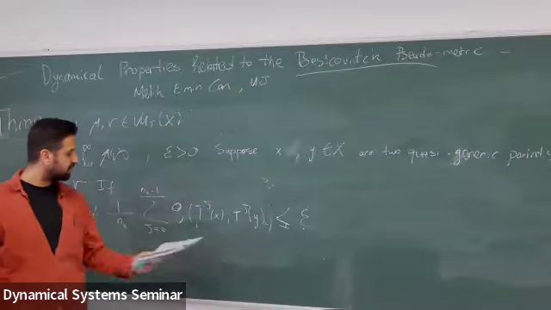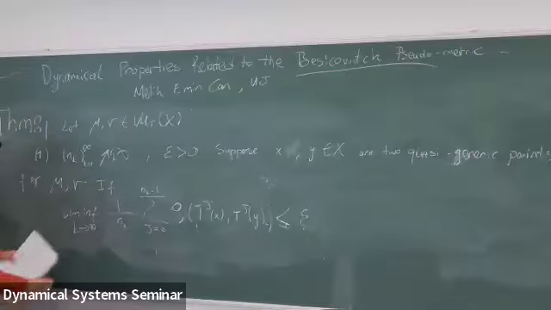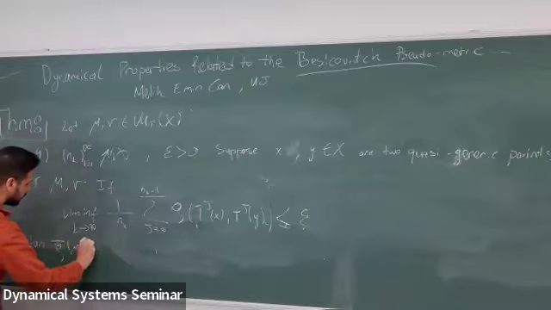And if this estimate is less than or equal to epsilon, then we have the rho bar distance between mu and mu is less than epsilon.